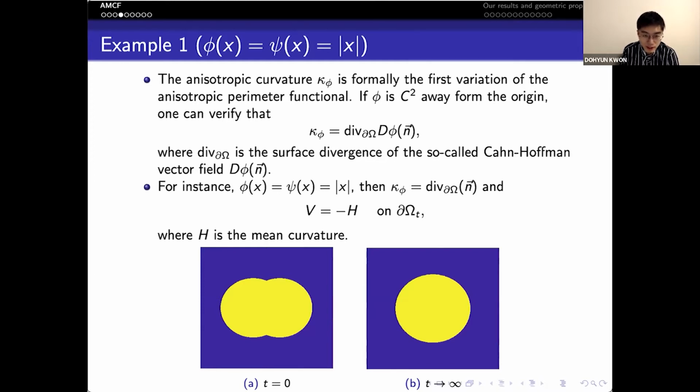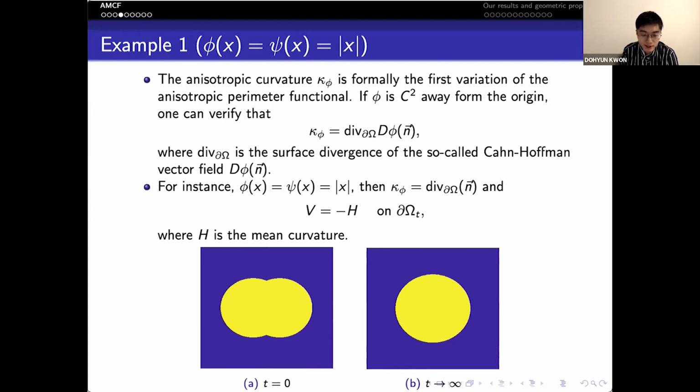And if phi is C2 away from the origin, one can verify that kappa sub phi is the divergence of the gradient of phi at the normal. And here, this divergence is the surface divergence, and this is the so-called Cahn-Hoffman vector field. So in the simplest example, phi and psi are both absolute value functions.